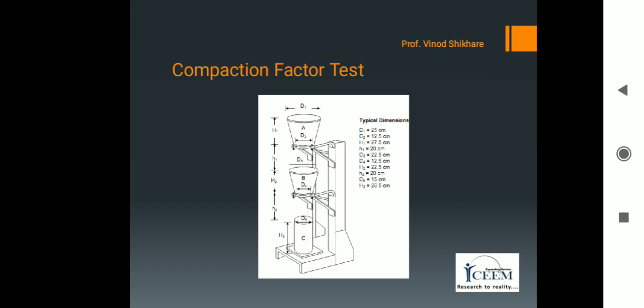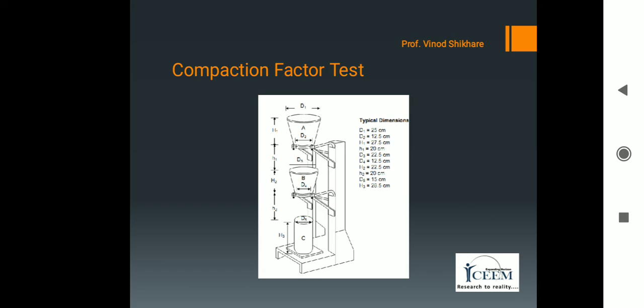Then the height of the hopper, that is capital S2, is 22.5 centimeter. Then the height between the bottom of hopper B and the top of the cylinder, that is small h2, is 20 centimeter.